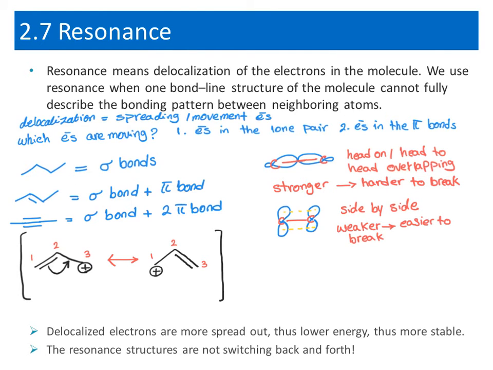Also, in allyl carbocation, you can see the pi electrons are moving over 3 carbons. This movement, this spreading out of the electrons, we call that delocalization. And in organic chemistry, delocalization is a stabilizing factor. So if a molecule can do resonance, it is always more stable than a similar molecule that cannot do resonance.